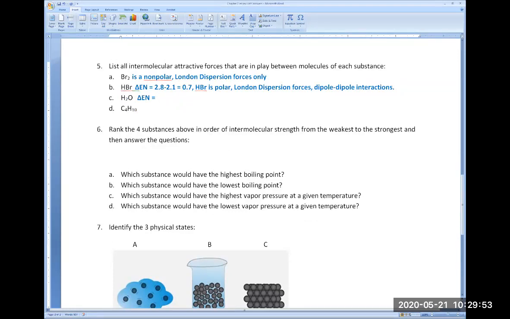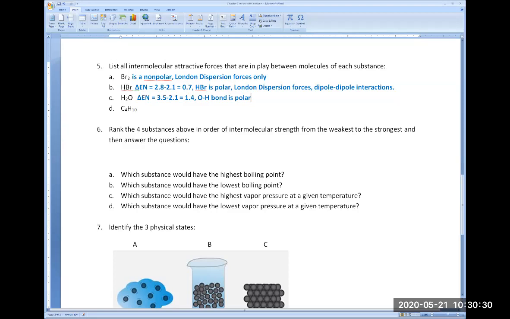But let's calculate the electronegativity difference between O and H. O is 3.5, H is 2.1, and the difference is 1.4, right? So the OH bond is polar. So we have two polar bonds.